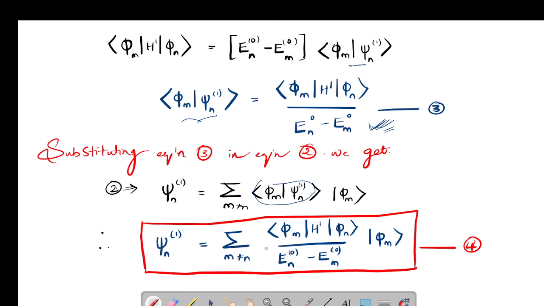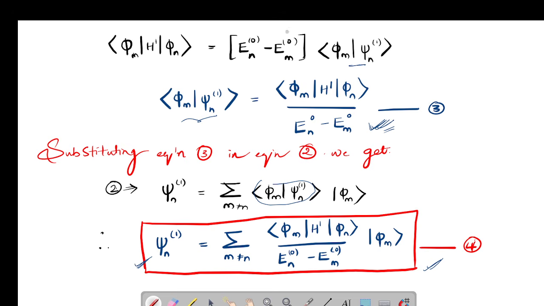So, after substitution, we are getting the equation: summation over m not equal to n of bra phi m, H power 1, ket phi n, divided by E n naught minus E m naught, into ket phi m. So, this is equation 4. This is the first order correction to the wave function.